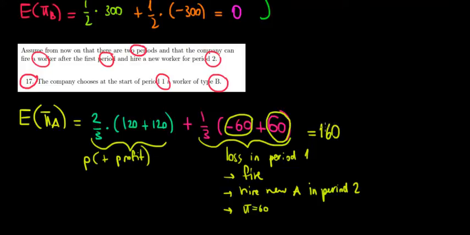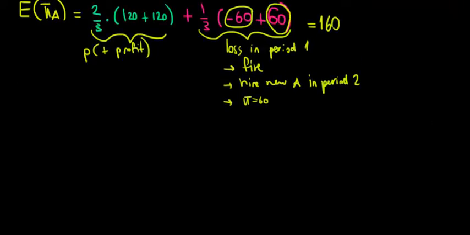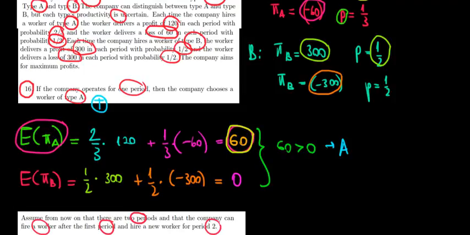Hope this makes sense. Now let's use the same method for worker B. We will calculate the expected profit of worker B below. We would have a probability of 1/2 that the worker delivers us 300 euros worth of profit.